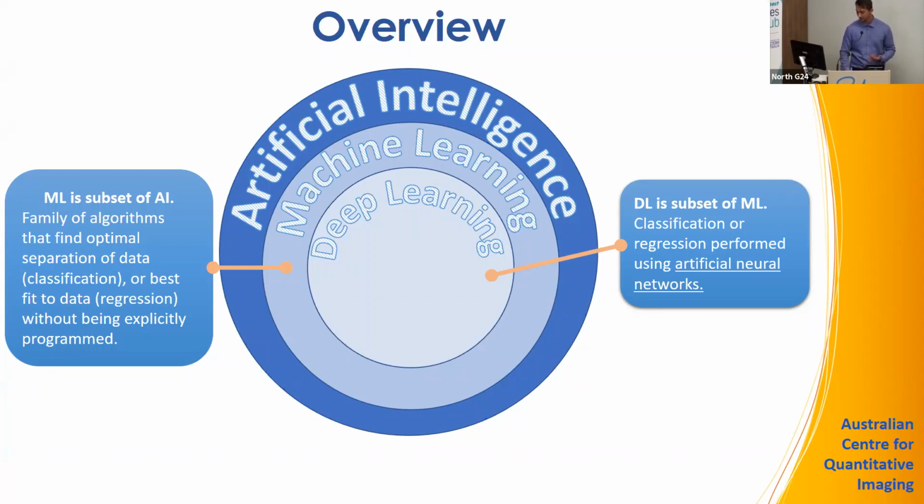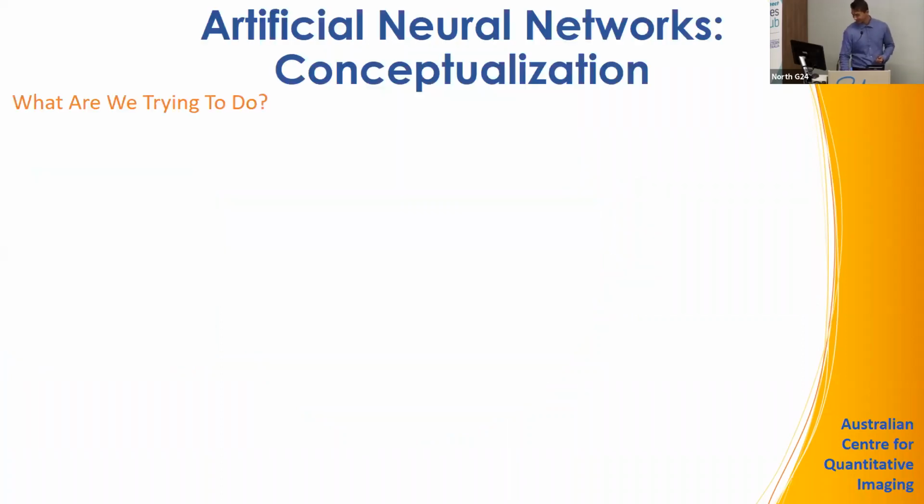Specifically, machine learning is a subset of AI, which features a family of algorithms that find the optimal solution to separate data, and that's a classification, or the best fit to the data, and that's a regression problem, without being explicitly programmed to do so. Whereas deep learning is the same thing, a classification or regression model, except it's performed using artificial neural networks, which is a big part of what I'll be talking about today. And finally, we have Skynet as the final iteration of artificial intelligence.